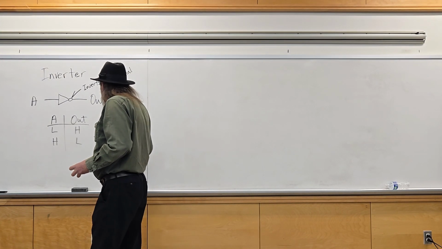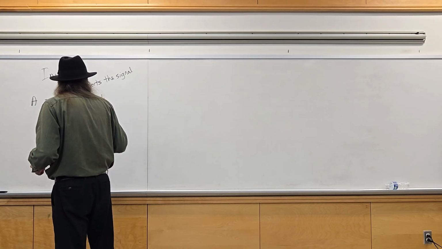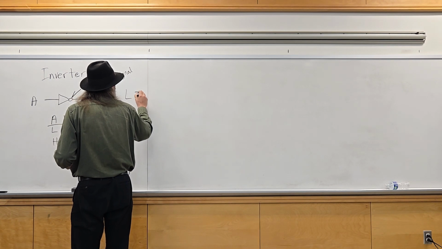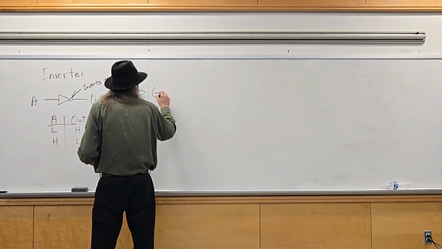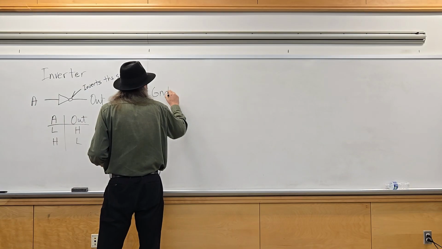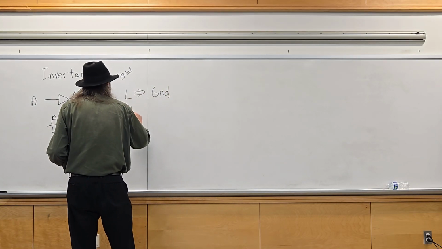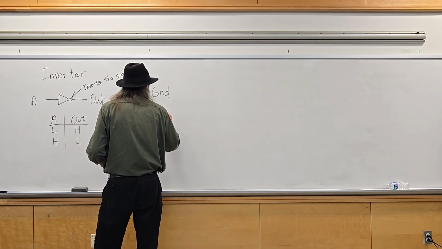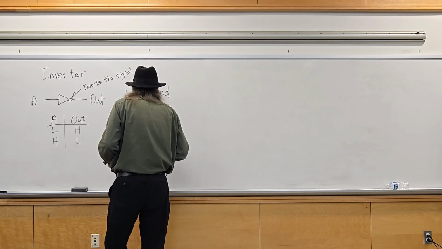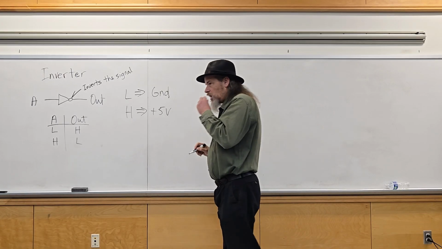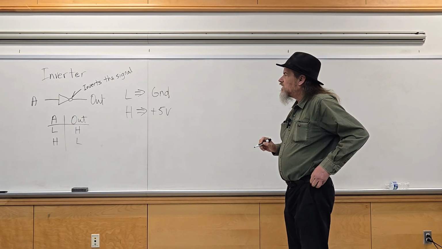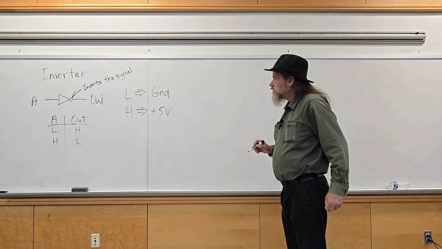For the Digital Logic Lab, low means it's connected to ground. High is plus 5 volts, I believe, that you use for the circuits in the lab.